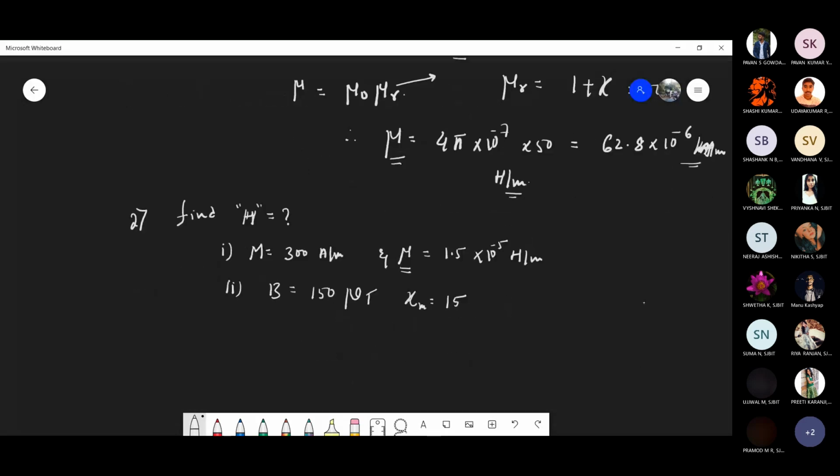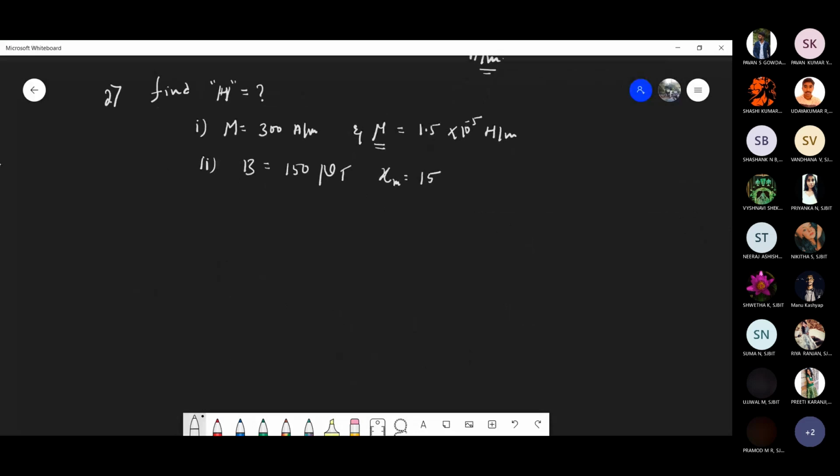What are the equations to find H? Guys, if M is given and you need to find H, what is the relationship between H and M?